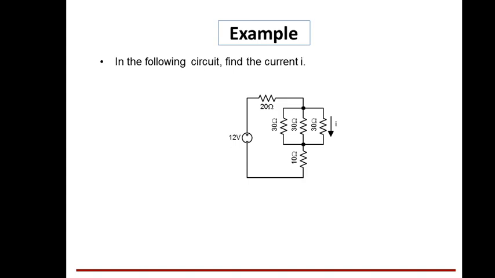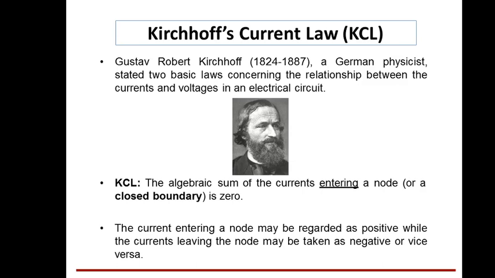Then all are connected in series: 20 plus this equivalent plus 10. The total equivalent is R, right? So voltage divided by resistance is nothing but current. That is Ohm's law. Using whatever value you get, you can find the value of current.